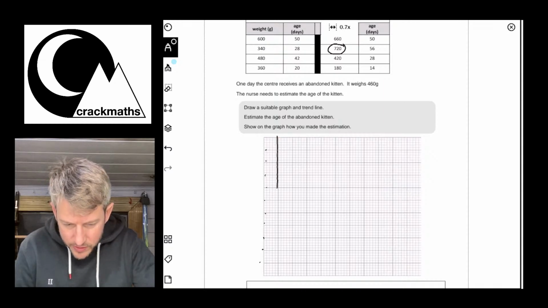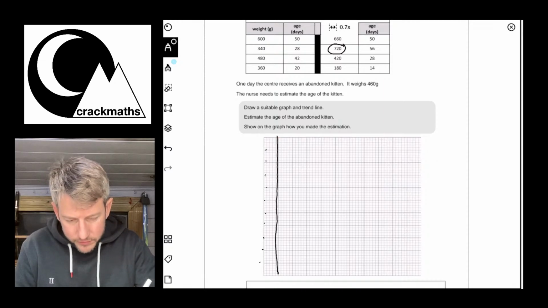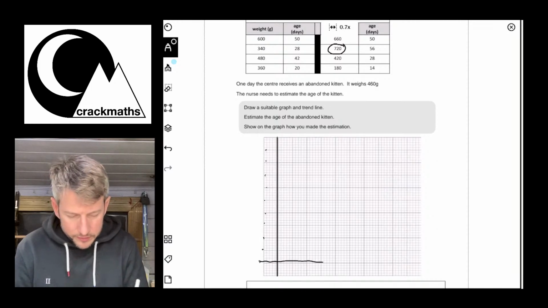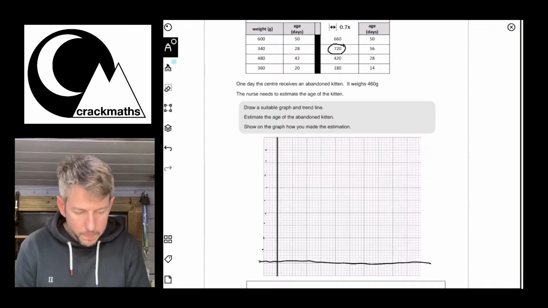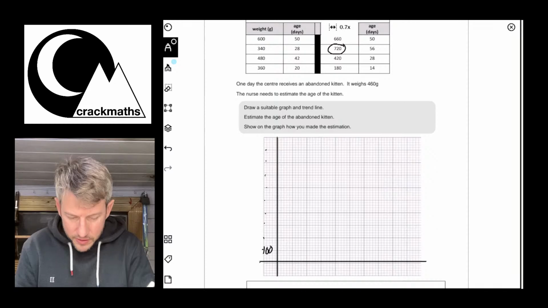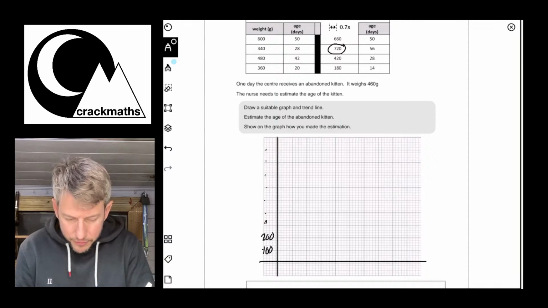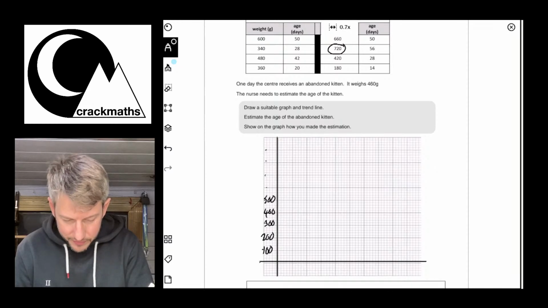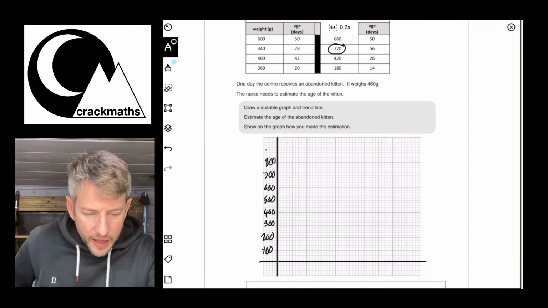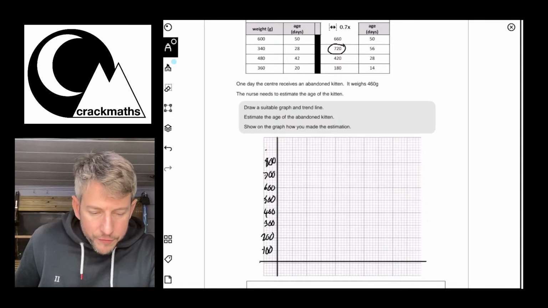We're going to use 2 squares for 100. This is 100, 200, 300, 400, 500, 600, 700, 800. I think that's what they wanted. Now here we need to get up to 56.